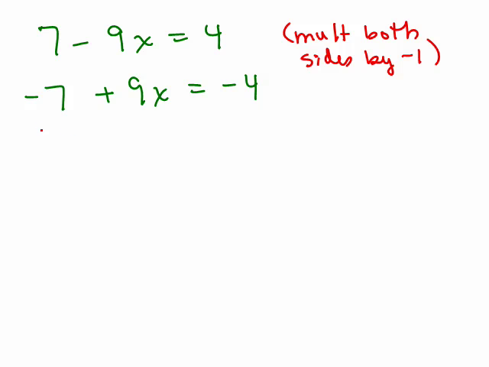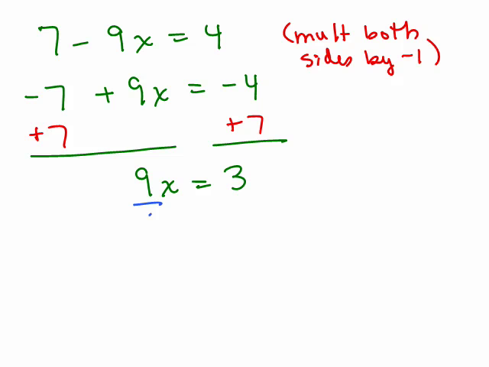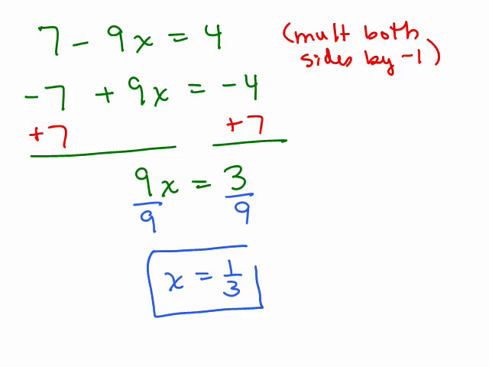And now you would add 7 to both sides. So you have negative 4 plus 7 is 3. And then when you divide by 9, you're still going to get x equals 1/3. So just keep in mind that's an alternate way of doing it.